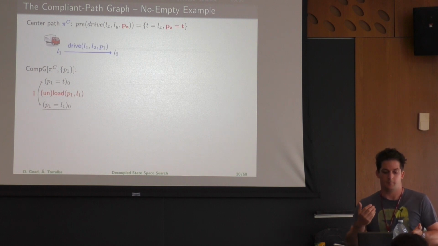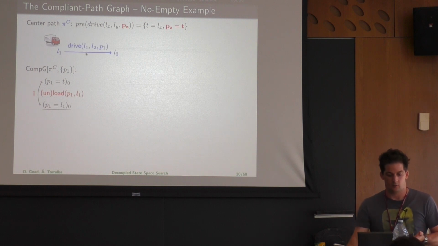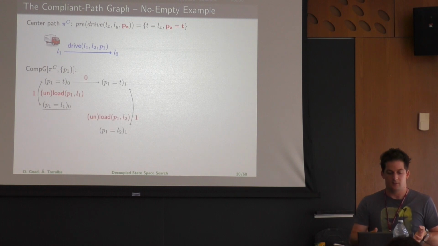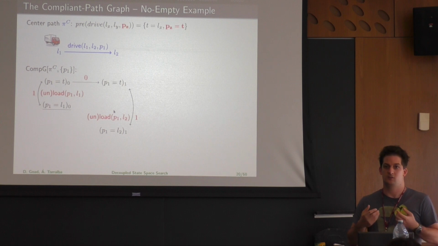Now, if we drive the truck from location 1 to 2, together with having package 1 loaded, so this is really a requirement for the center action, then we don't have a transition from location 1 to location 1 here anymore with the cost of 0, because this is no longer compliant. Right?